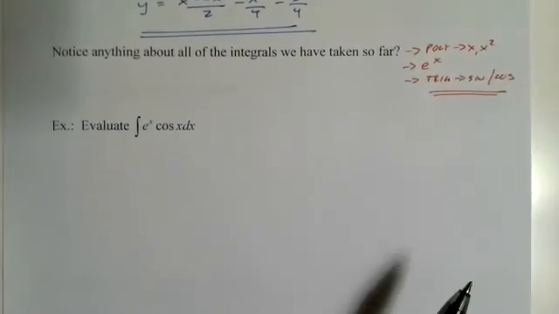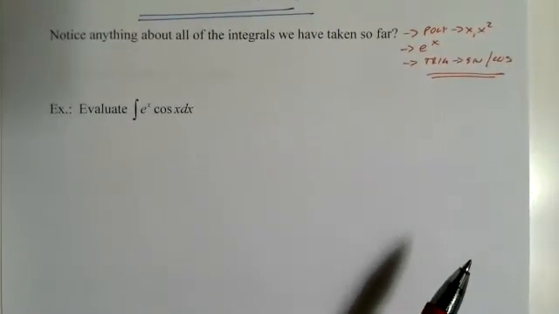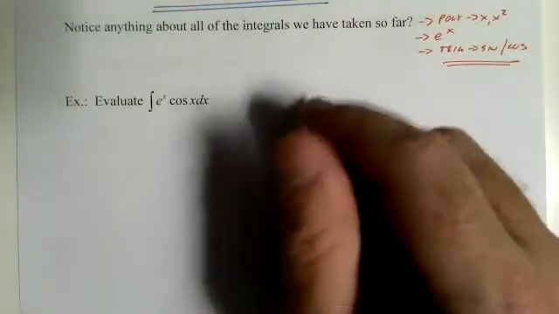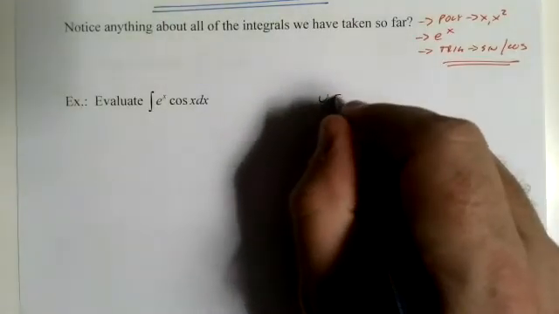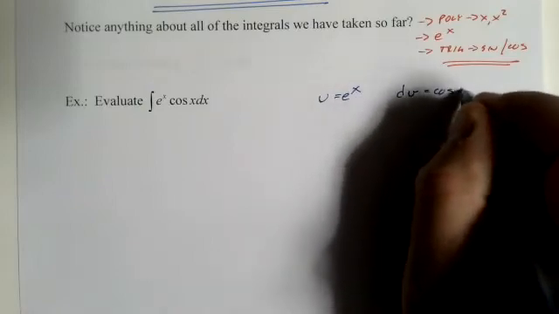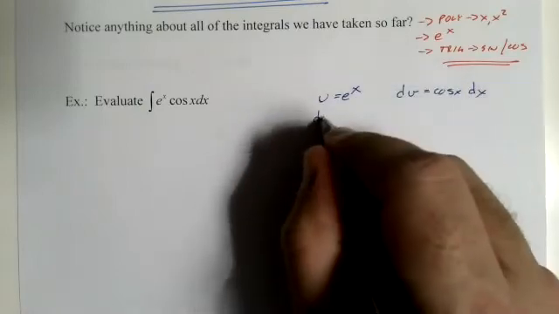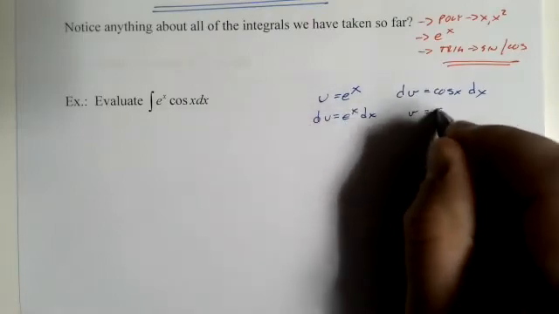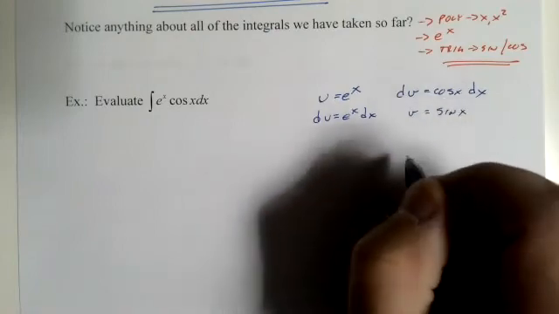Ooh, now we've got e to the x cosine of x. This one I remember specifically doing in high school and being like, what just happened? So this is going to be weird. Be prepared. u equals e to the x, dv equals cosine of x dx, du equals e to the x dx, v equals sine of x.